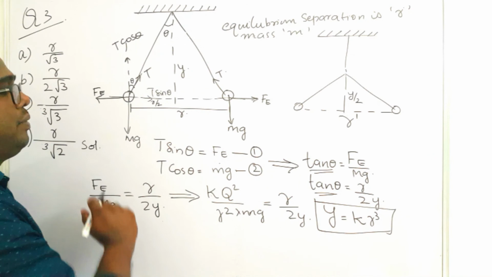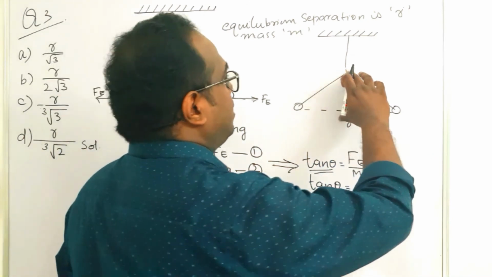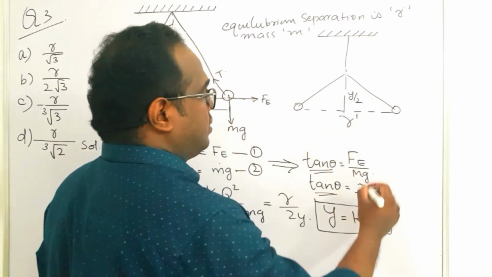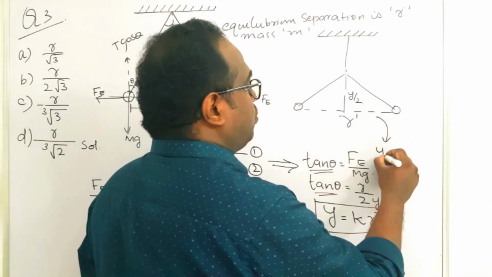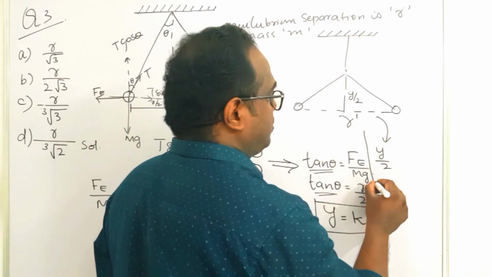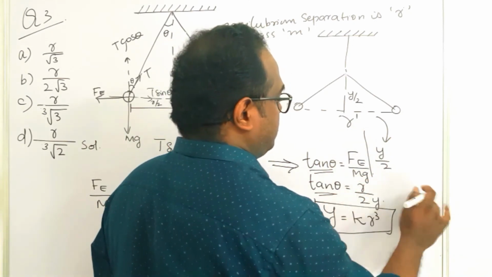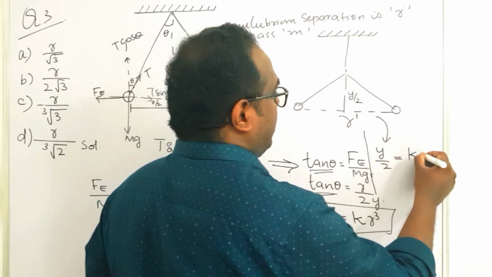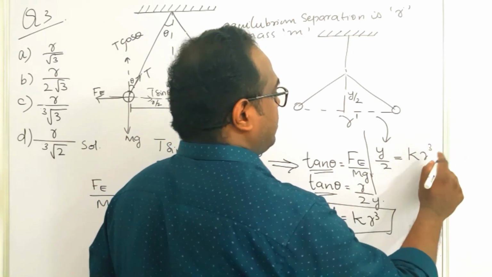From this diagram. Now you can go to the second diagram. This is your question. So what is y here? It is y by 2. Y by 2 equals k r dash cube, correct?